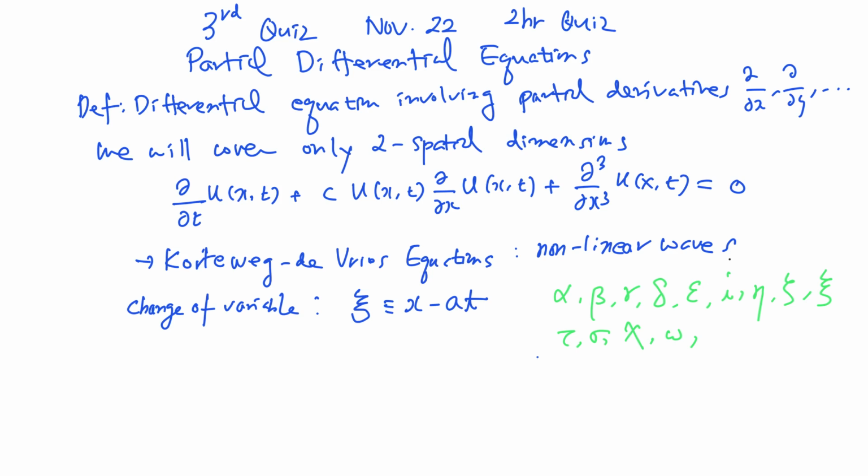There are 24, etc., etc. Lambda, of course. Nu, mu, and so on. There are 7 more, etc., etc.